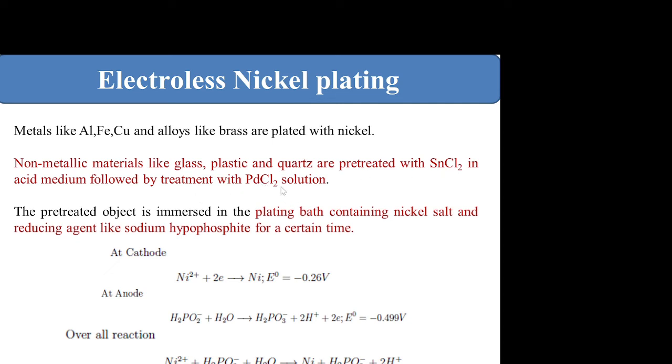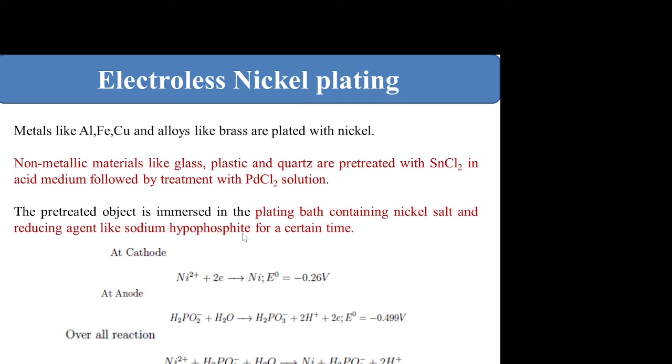So first a thin layer of palladium is coated, and over that we can coat copper, and over that usually we coat nickel. Then the pre-treated object is immersed in a plating bath containing nickel salt and a reducing agent like sodium hypophosphite.